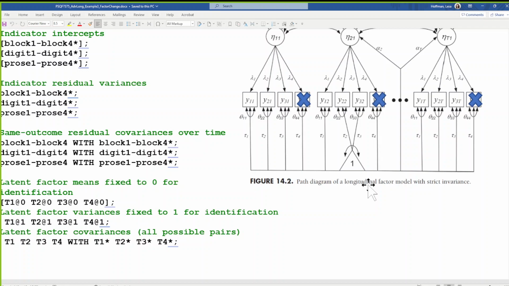But that will not be the case when we allow the factor means to differ from 0, because the intercept is the expected outcome when the predictor is 0. So it does work out to be the indicator means. Sorry, I'm slipping into CFA language. Outcome means. It does work out to be that in this case, but that's not generally true.